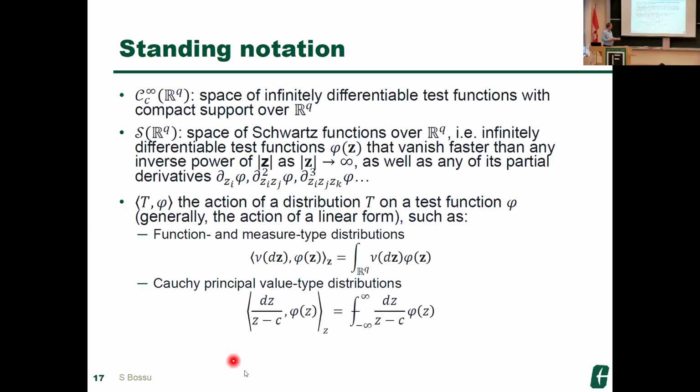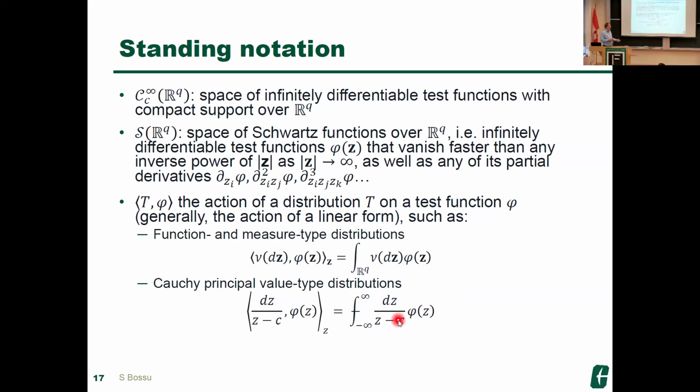A very easy kind of distribution is a function and measure type distribution, let's say measure type nu of dz. Then that bracket notation is going to be the integral of phi against the measure nu. And so this is kind of familiar. You also have other types of distributions, like the Cauchy principal value, whose notation here is an integral with a bar. This integral doesn't converge, there is divergence at the point zero. z here is a real number, by the way.